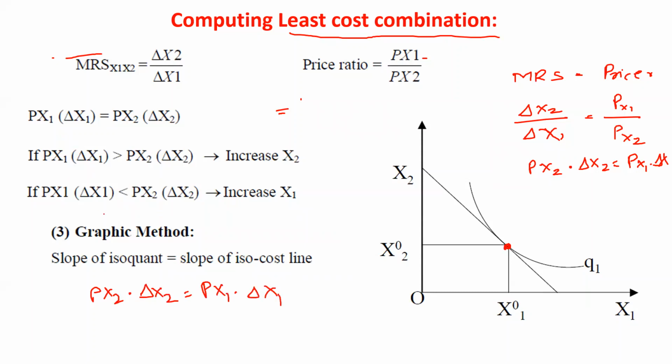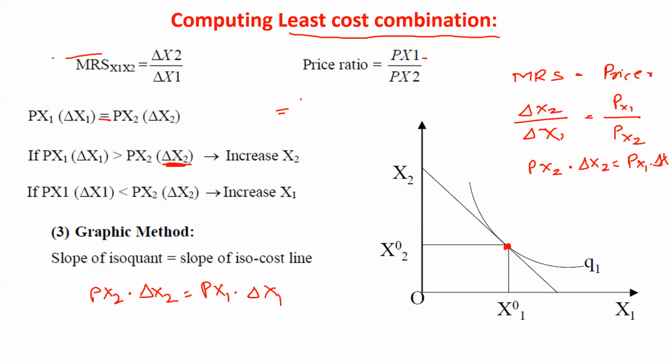Now suppose the price of X1 into change in X1 is greater than price of X2 into change in X2. In this case, to bring it to equal, we have to increase the X2 level of input.